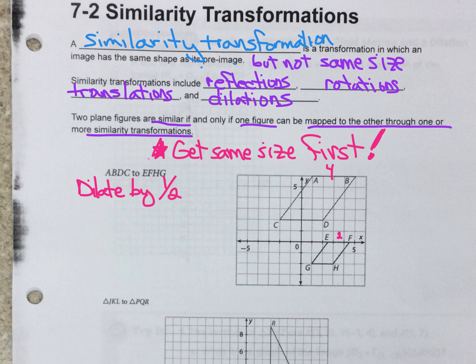So if I look at just point A, let's just look at point A. A is at 1, 6. If I dilate it by 1/2, I get 1/2, 3. That would be my A prime.